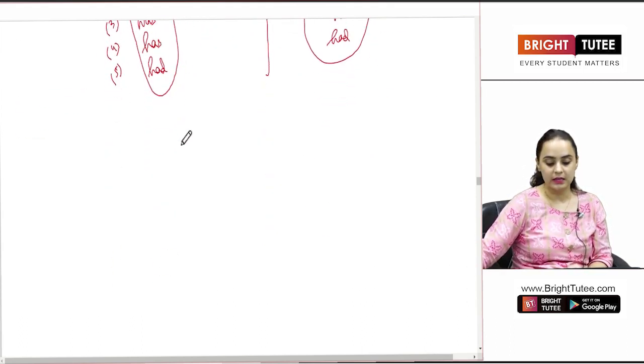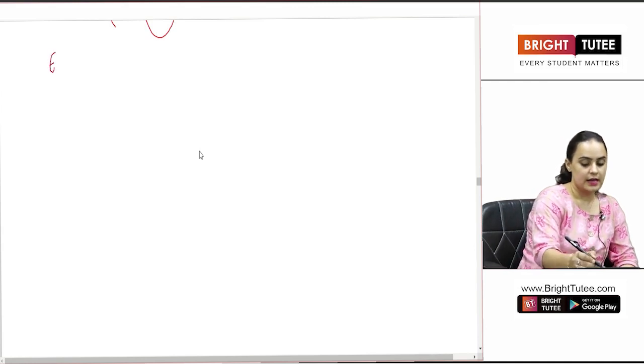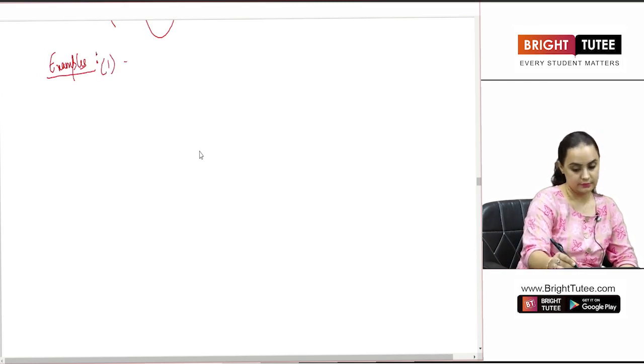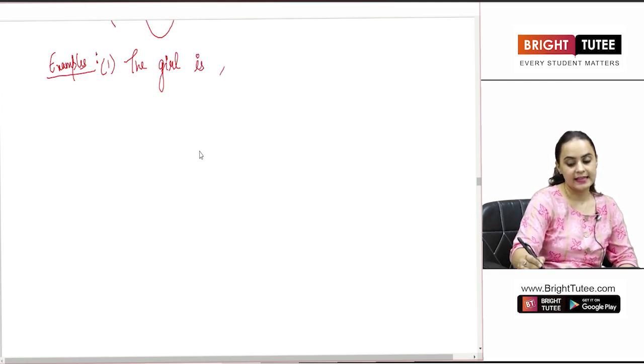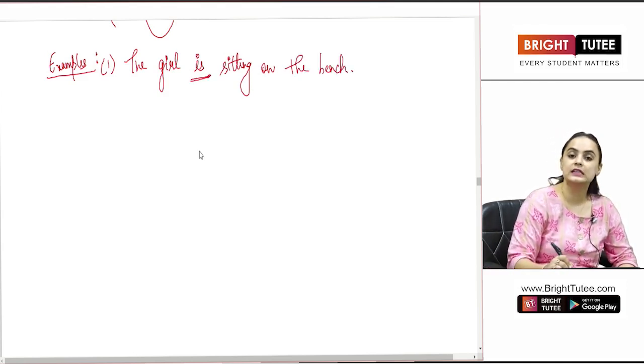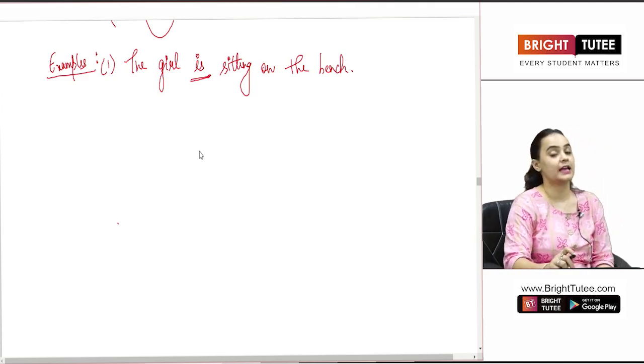Now we will begin with the simplest examples before proceeding towards the rules. So like I told you, the girl is sitting on the bench. Since the girl is singular, I will use is with it and not are.